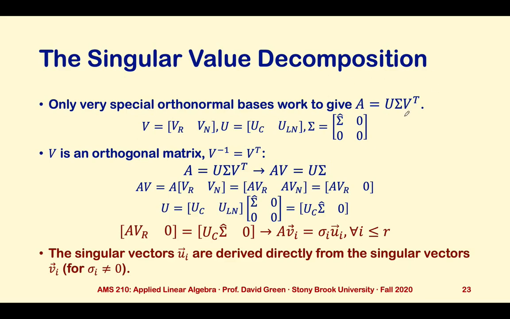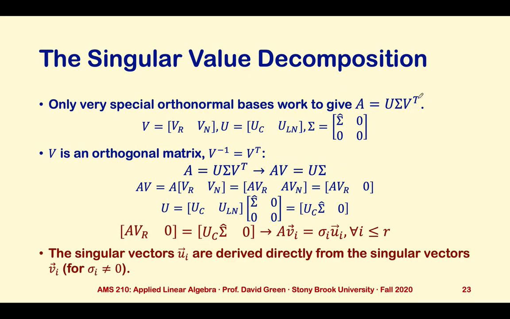So we start with our idea here of A equals U sigma V transpose, with our general breakdown with V being a component from the row space, a component from the null space, and so on. And recall that V is an orthogonal matrix, meaning that its inverse equals its transpose.